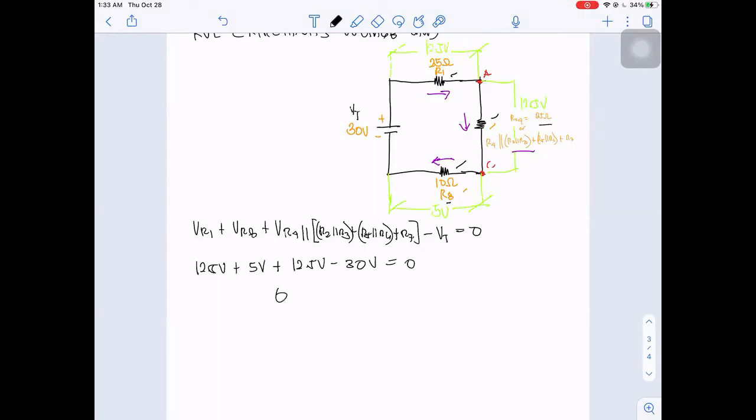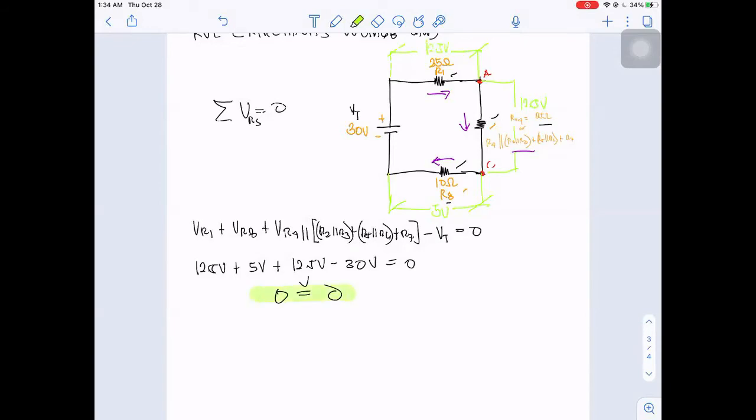And it satisfies the condition that the summation of voltage on a circuit is equivalent to 0. So 12.5 plus 5 plus 12.5 is equal to 30 minus 30, and that is 0.